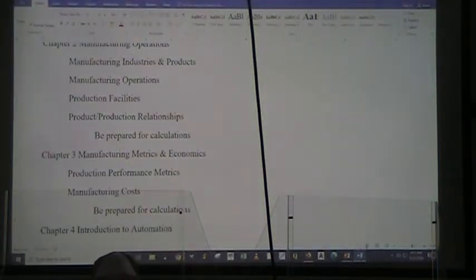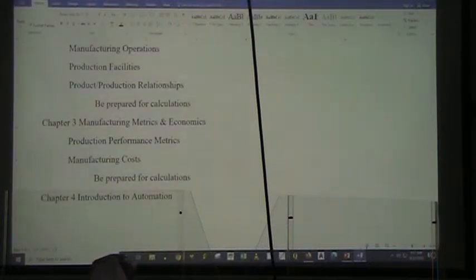All right, Chapter 4 is Introduction to Automation.